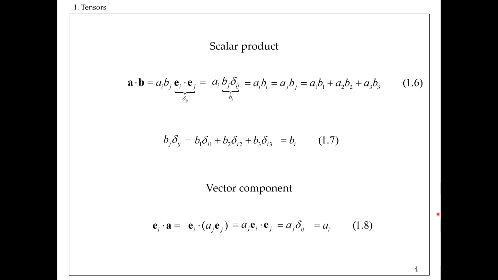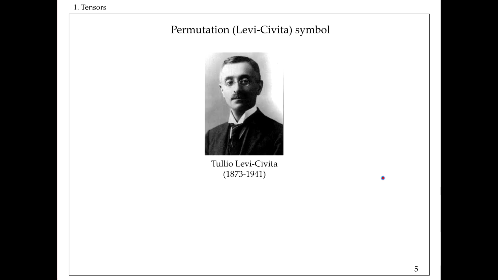All right, now we are through the scalar product, and the next order of business would be the vector product, things that you already dealt with in one way or another. Before we go into that, let's introduce another symbol that will be very useful for us in certain cases, called the permutation symbol, or Levi-Civita symbol.